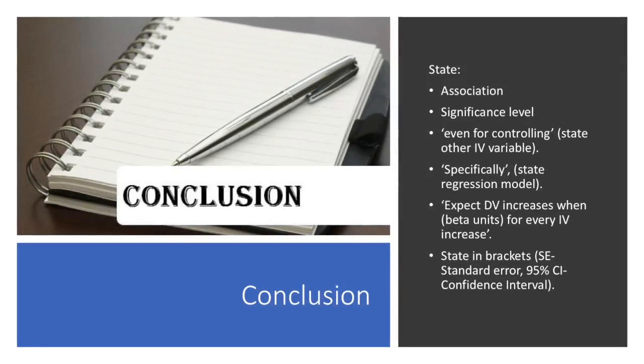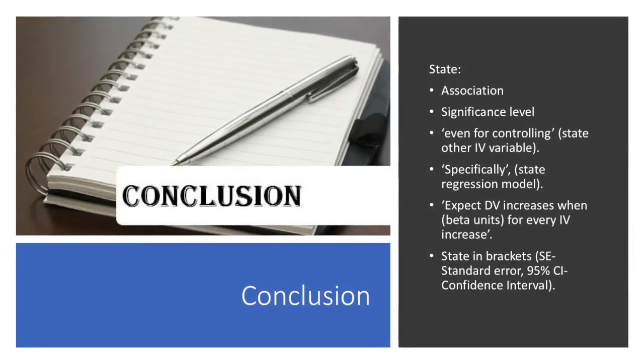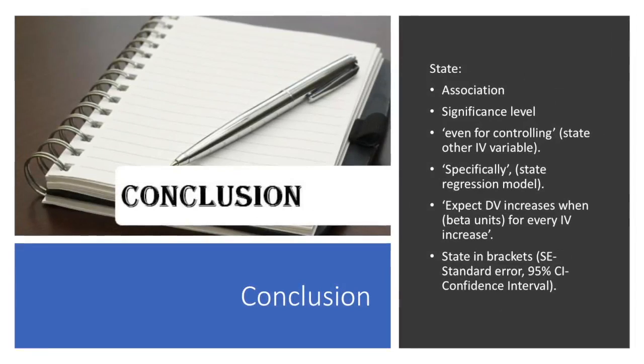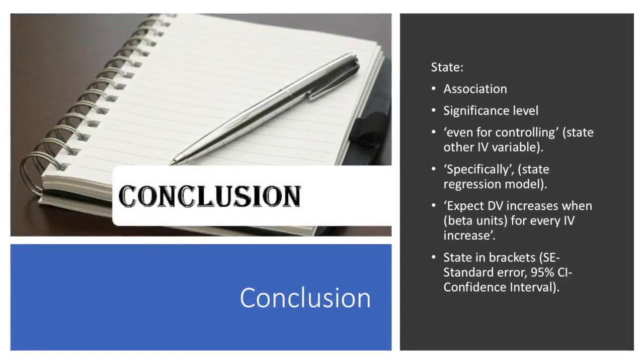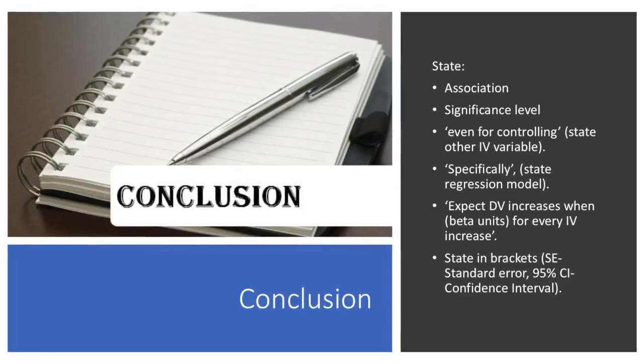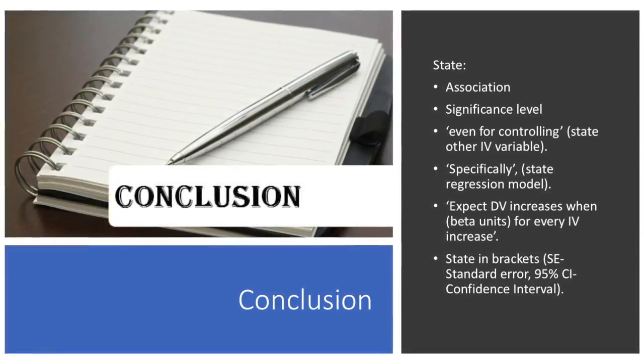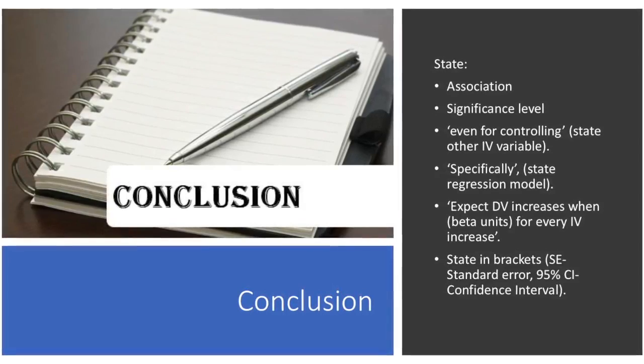Anyway, for the last step in multiple regression, in concluding the results, we want to state the association and the significance level, even for controlling a certain independent variable.